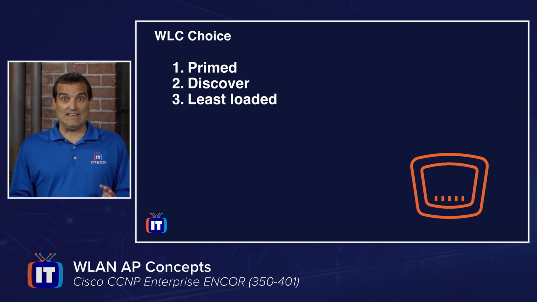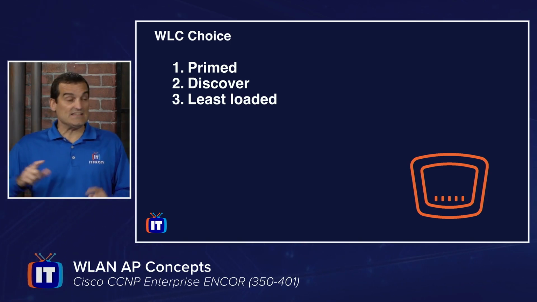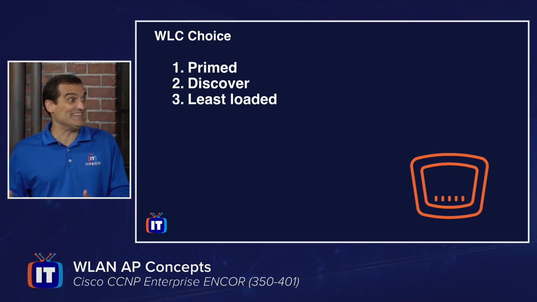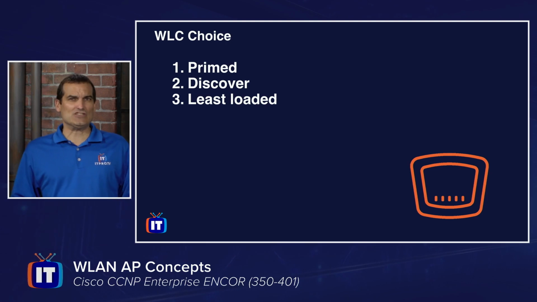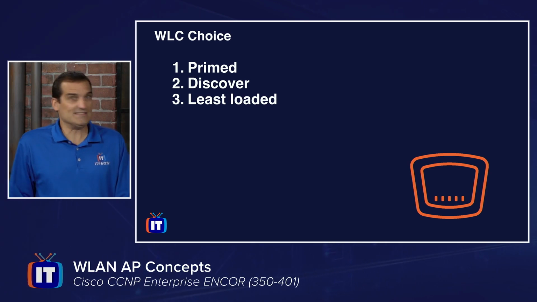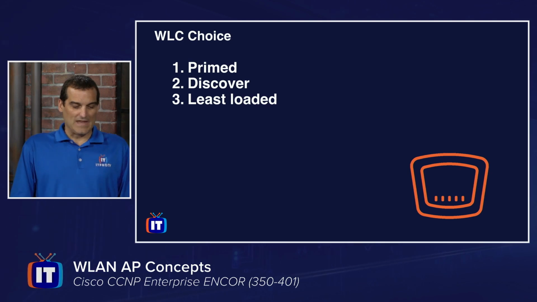The WLCs can communicate out to the APs how busy they are. This is such a cool capability, because now the AP can go, wow, I think I'll choose WLC number 3 because it's not that busy. It's not doing that much. So there's a nice built-in load balancing approach that works out great.